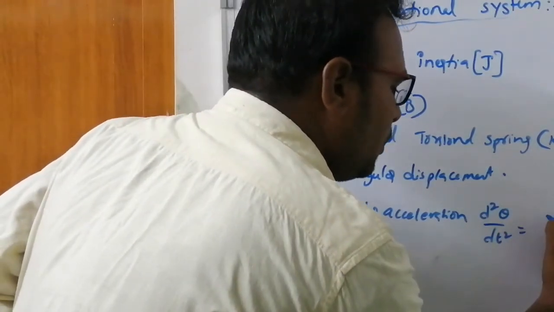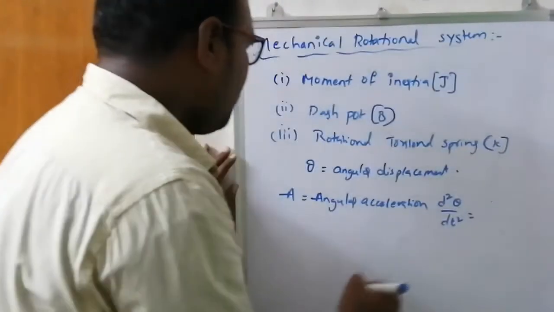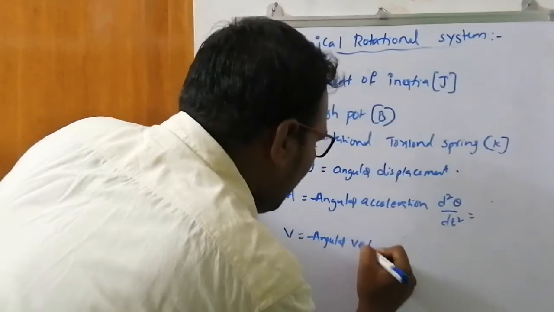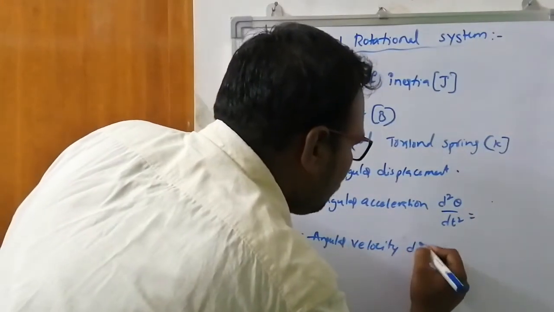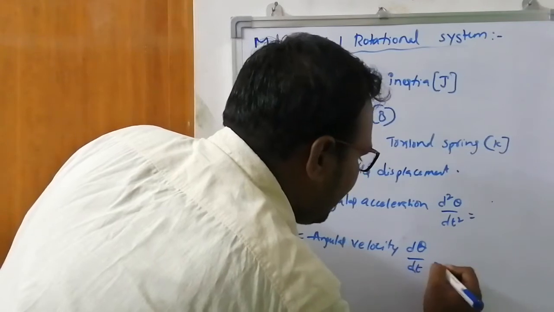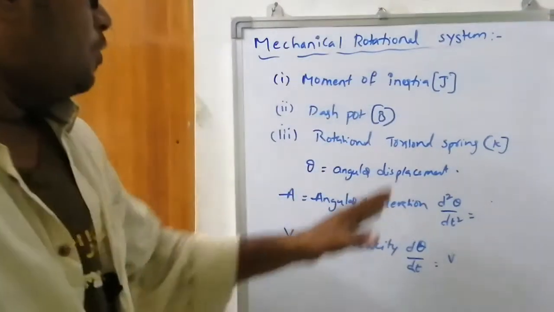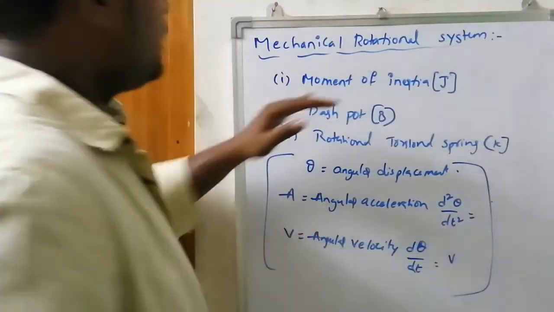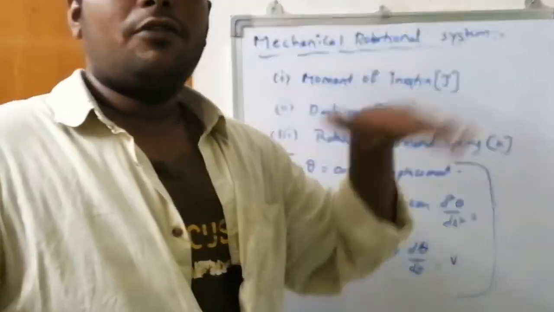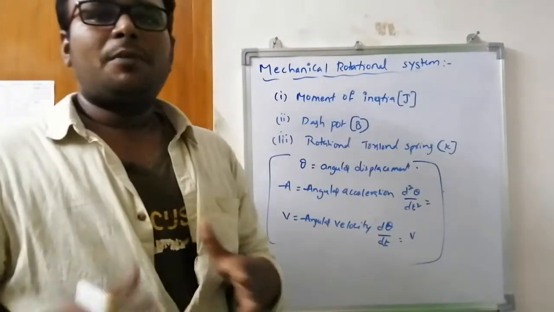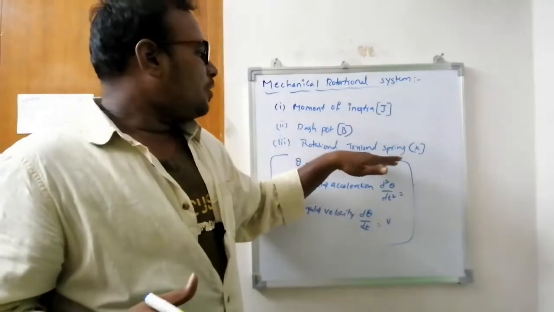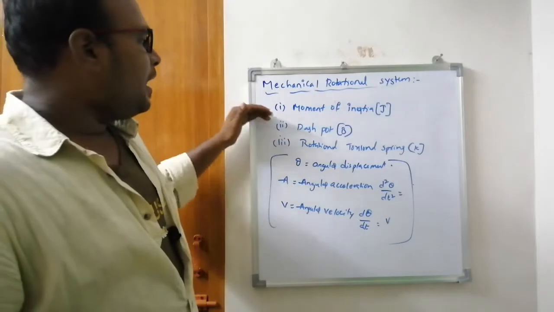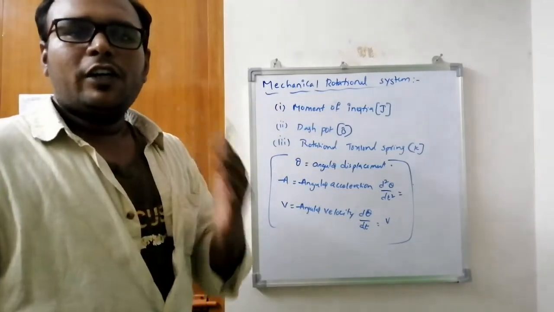And velocity, angular velocity, which is d theta by dt. These are the three important terms used here. J is the moment of inertia, which represents the mass of the body, the dashpot B represents the friction, and K is the stiffness of the torsional spring. So these are the components and elements we use in the mechanical rotational system.